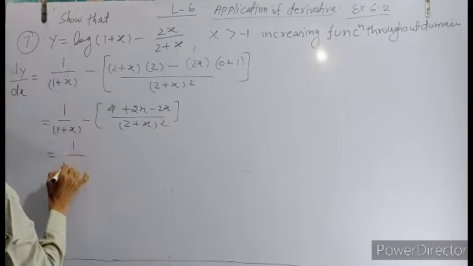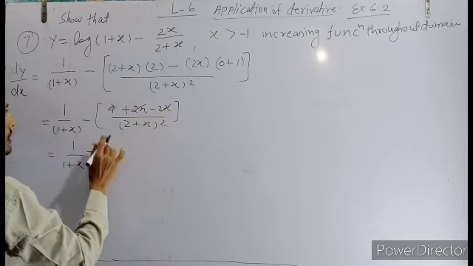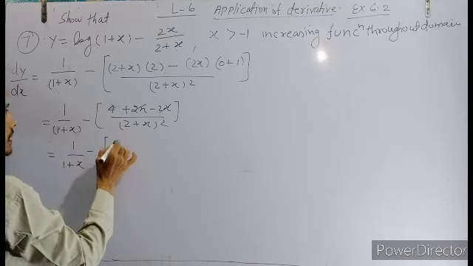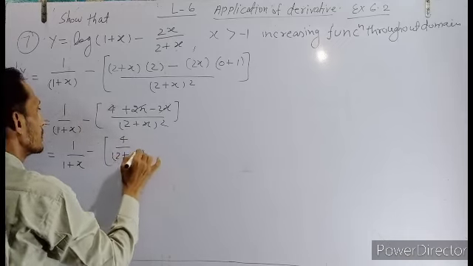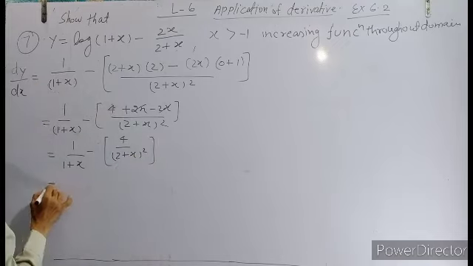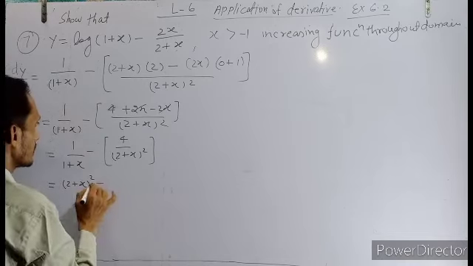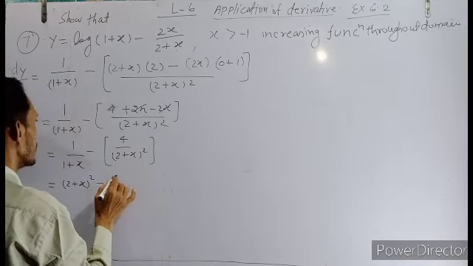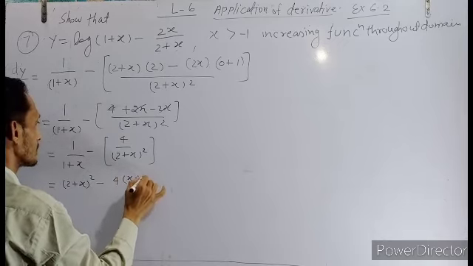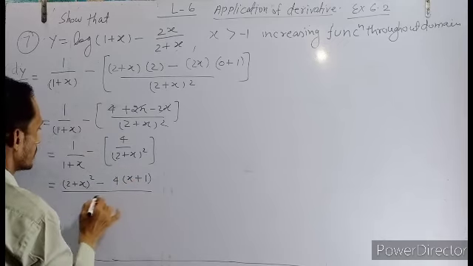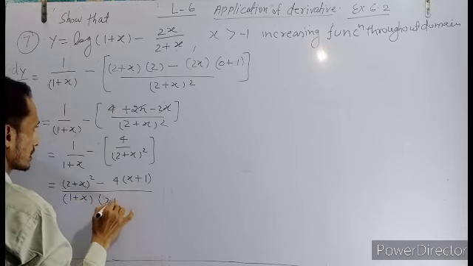1 upon 1 plus x minus 4 upon (2 plus x) whole square. Taking the LCM, (2 plus x) whole square minus 4 into (x plus 1), that will be over (1 plus x) into (2 plus x) whole square.